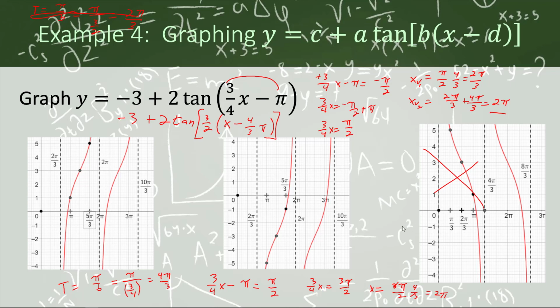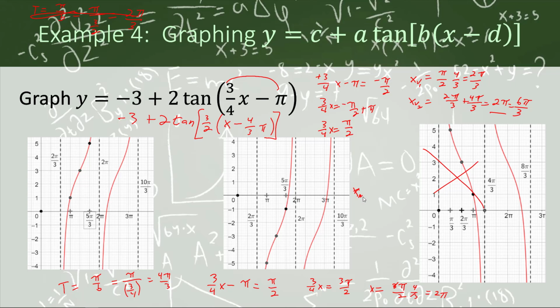Now to figure out which graph is correct, we can then look at the first quarter, the midpoint, and then the second quarter. Well, if our asymptotes are at 2 pi/3 and 2 pi, then the midpoint, which by the way is 6 pi/3, is going to be at 4 pi/3.